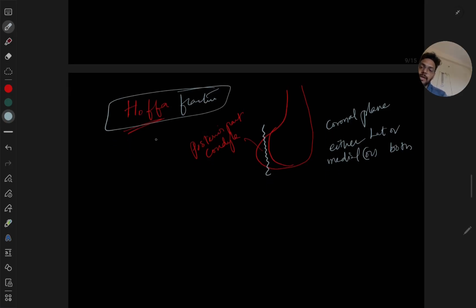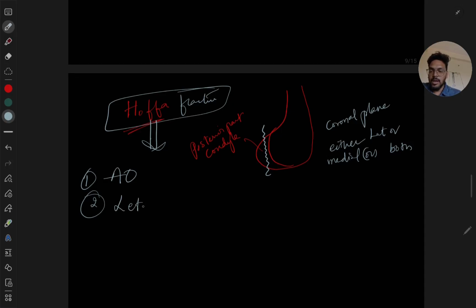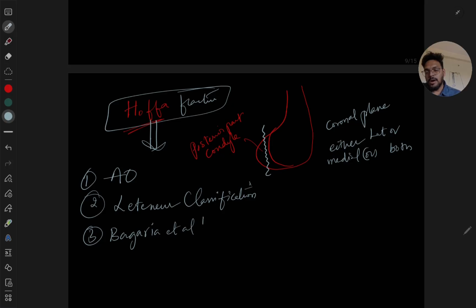So the classifications used for Hoffa fracture: one, we have already seen, the AO classification. The next, the most useful clinical classification, is the Letournel classification. The third one is the recent CT-based Bagaria et al. or Chandrasekaran classification.